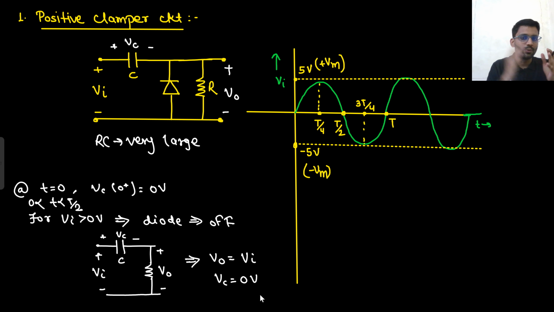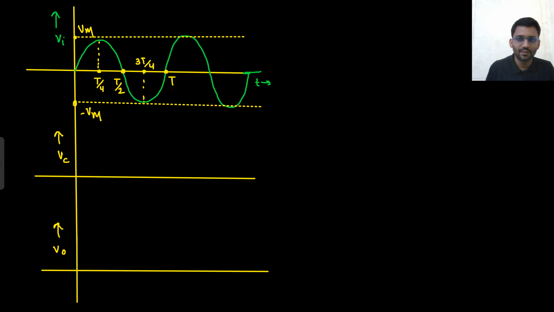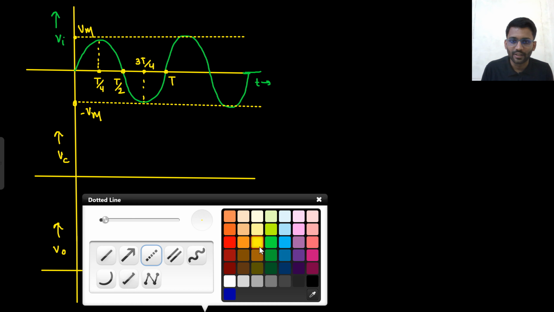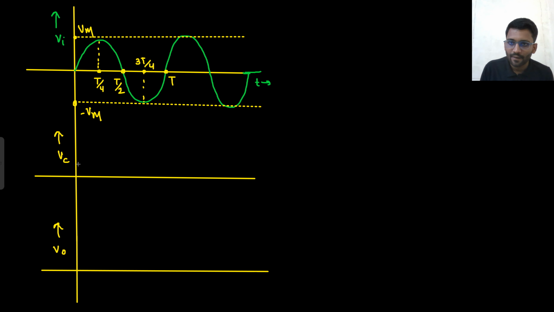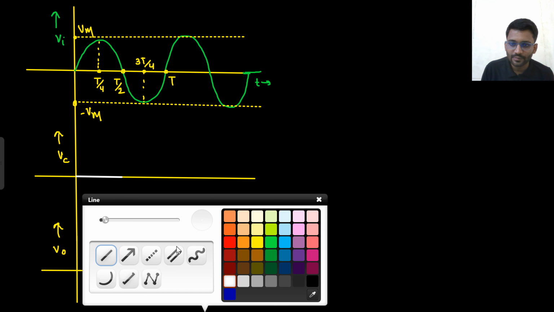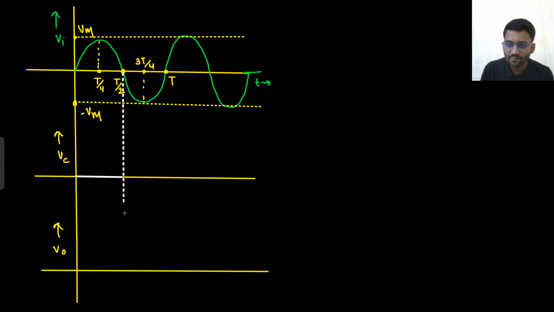So for 0 to t by 2, V naught is equal to V in only and Vc is 0 volt. For this much time, we can plot the output waveform: Vc is 0 volt till t by 2, and V naught is equal to V in only.